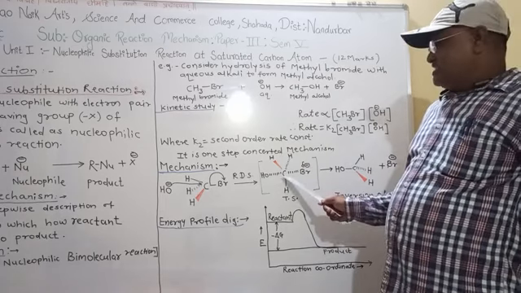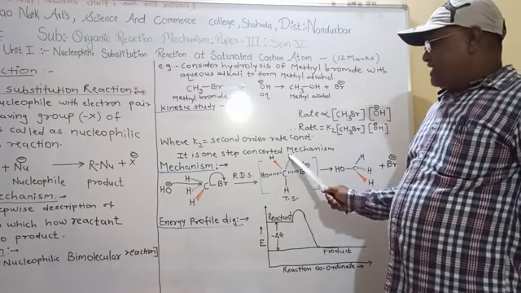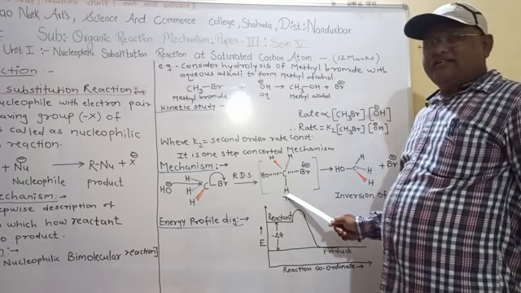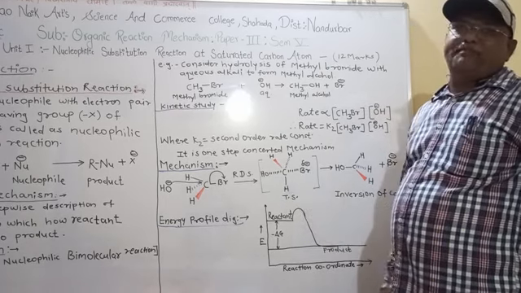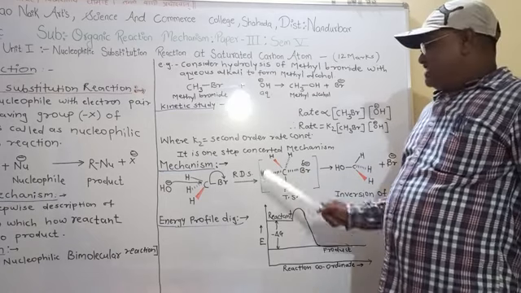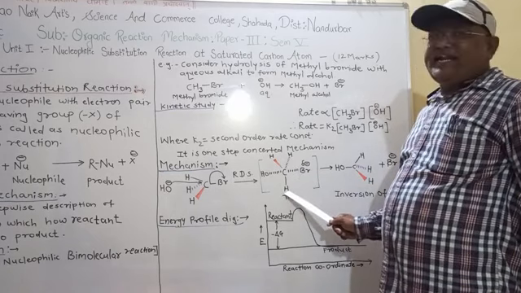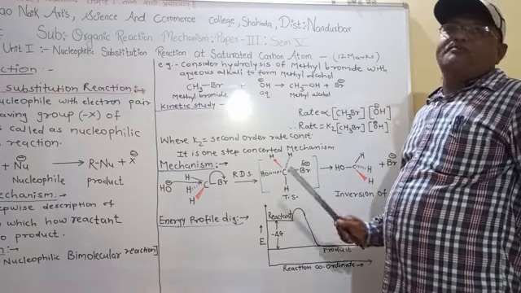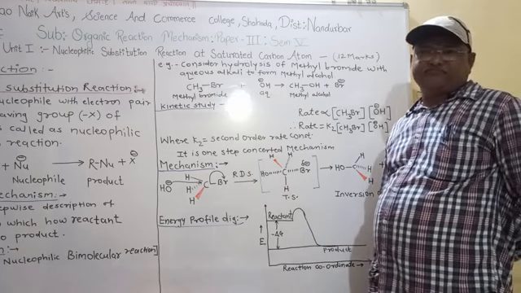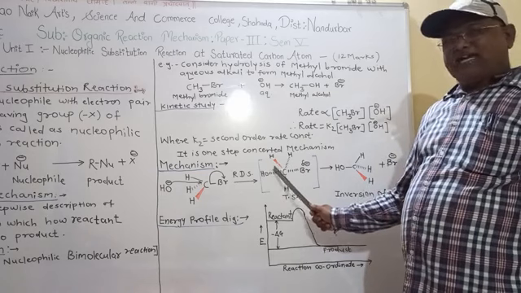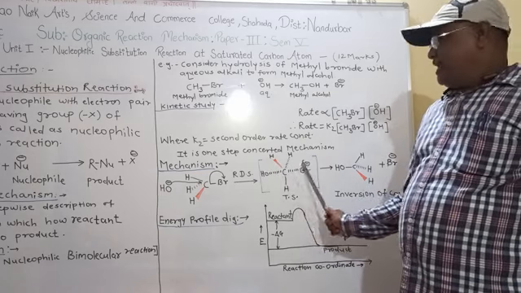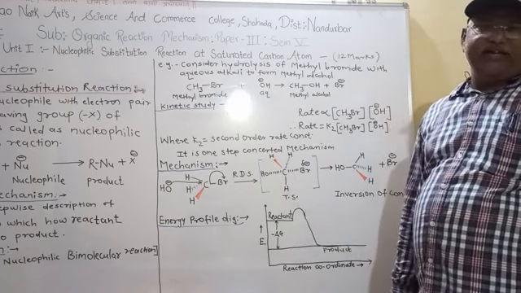In this transition state, the hydrogen atoms lie in the same plane of the paper, and these hydrogen atoms are perpendicular to the plane of the paper. In this mechanism, this C-OH bond is partially formed and C-Br bond is partially broken.